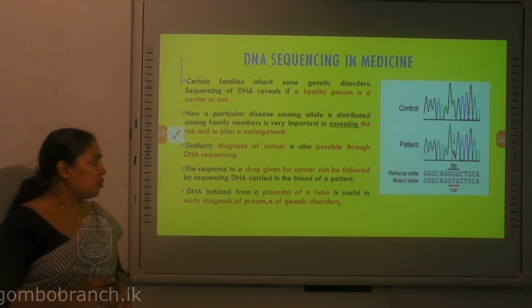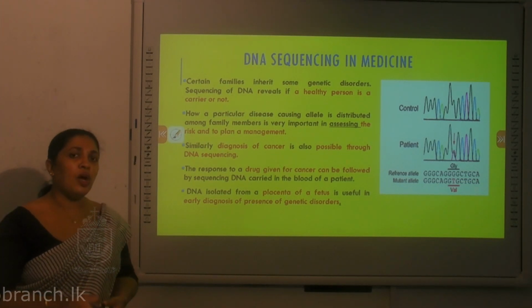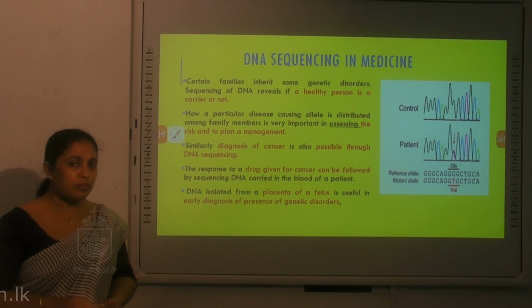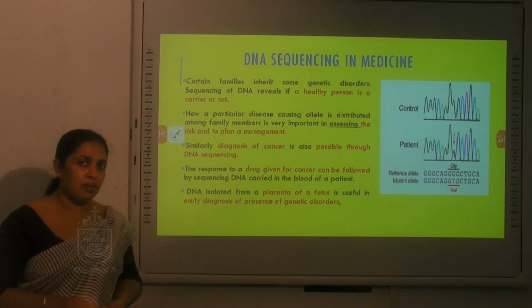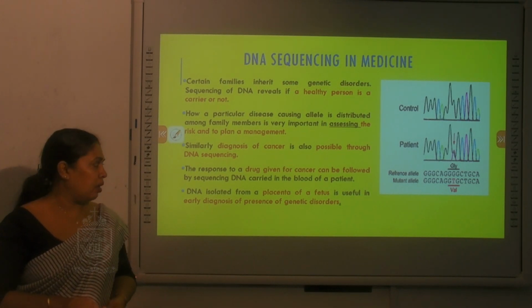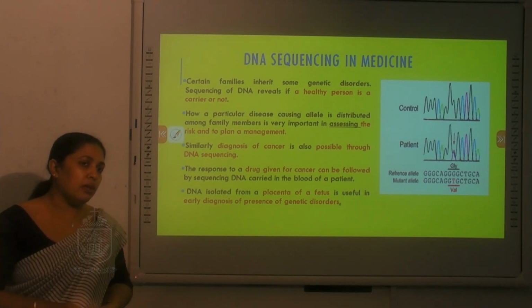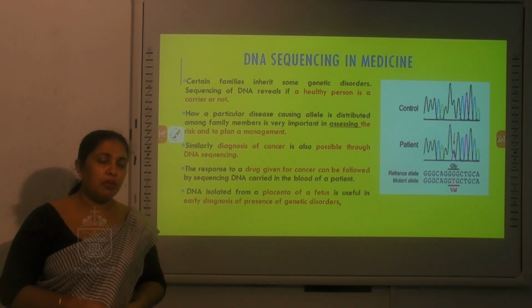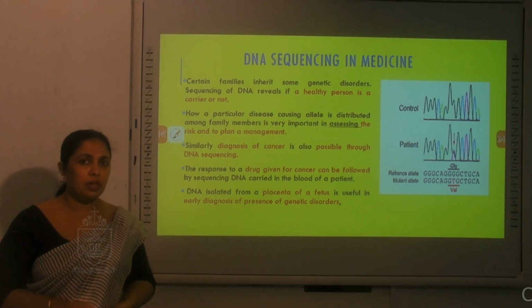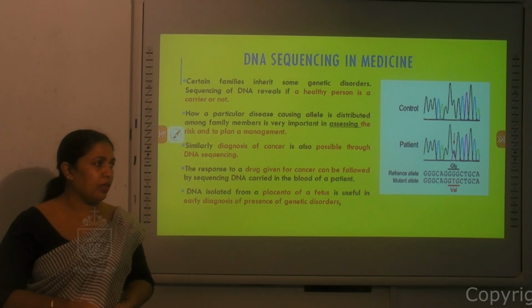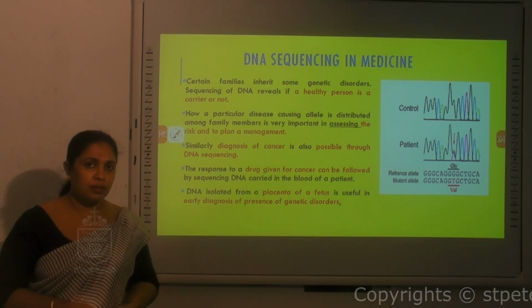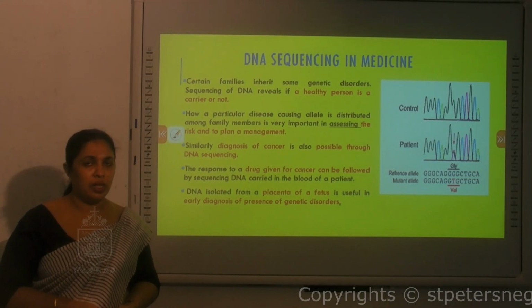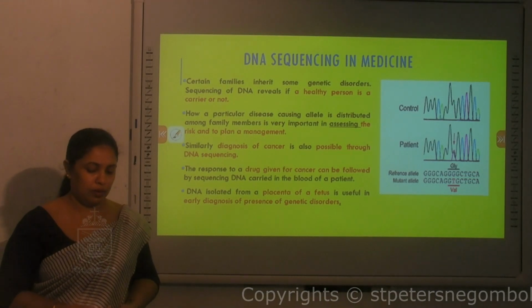Through the analysis of the placenta of a fetus, we can identify whether the fetus has a genetic disorder, diagnose a disease early, and get treatments or necessary advice after studying these DNA sequences.